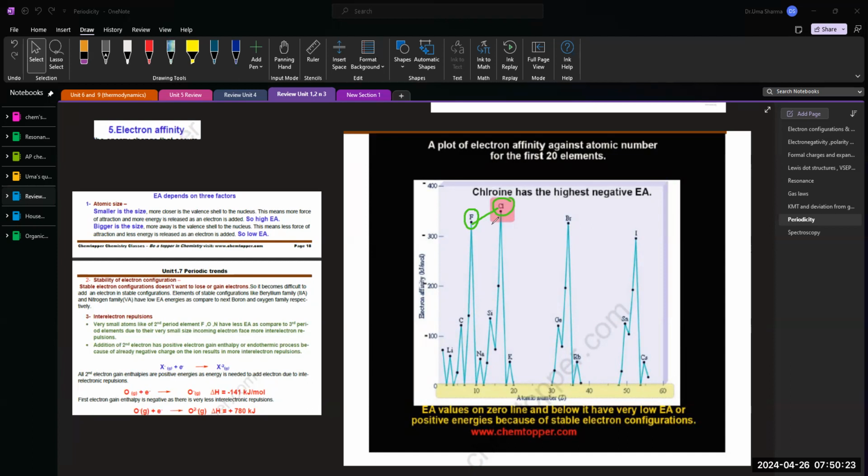It has plenty of inter-electron repulsion as compared to chlorine. Chlorine is slightly bigger in size, it can accommodate an extra electron with less inter-electron repulsion than fluorine. You can read all these reasons here in the notes.